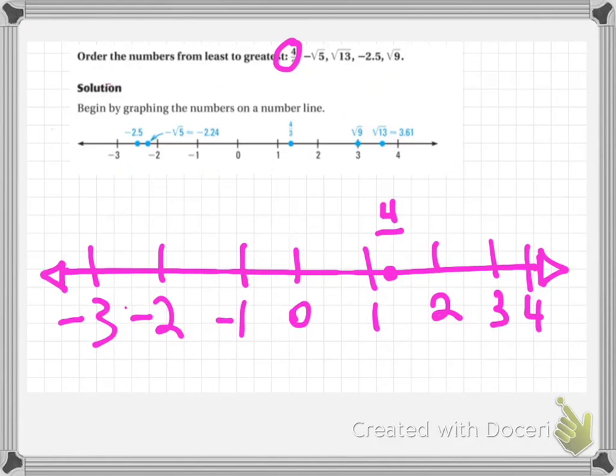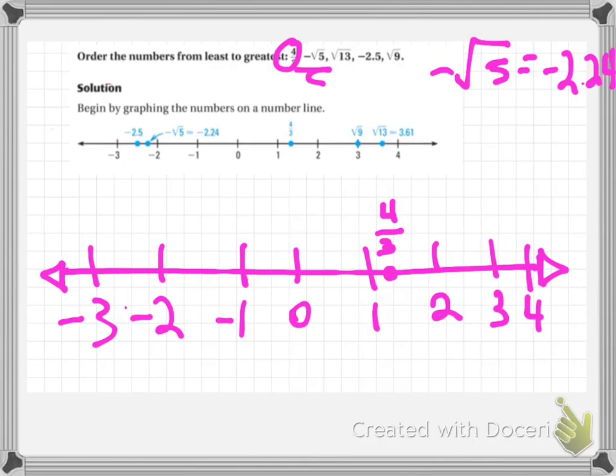I'm going to label it. So then you have your next one, which is negative square root of 5. Negative square root of 5 is equal to negative 2.24. You can find that by using a calculator because it is very complicated to solve in your head.